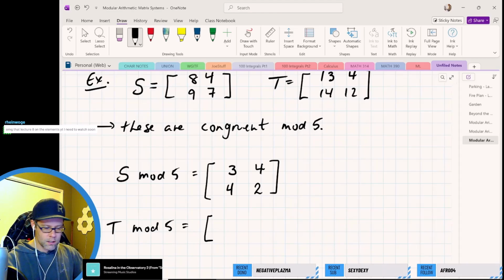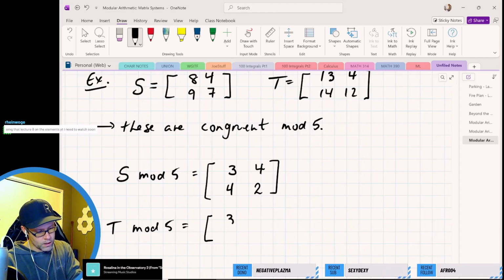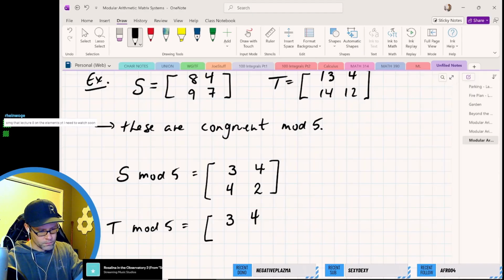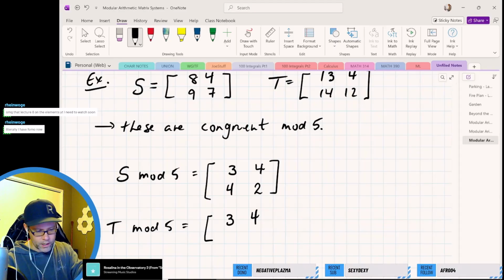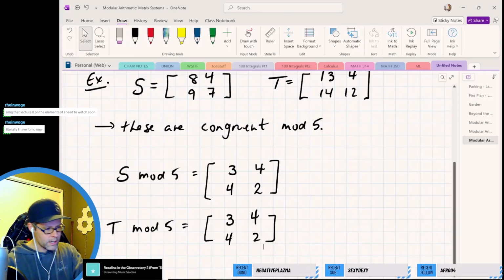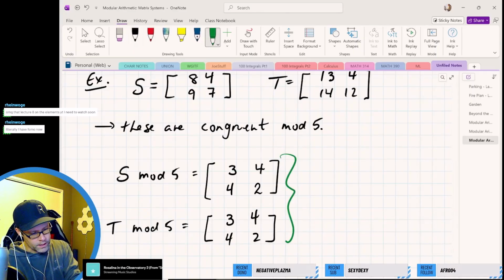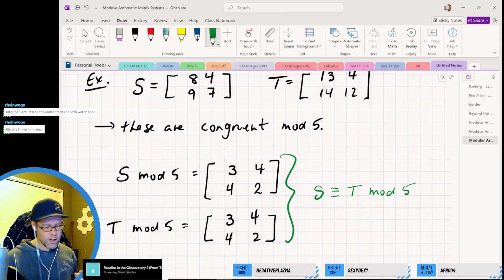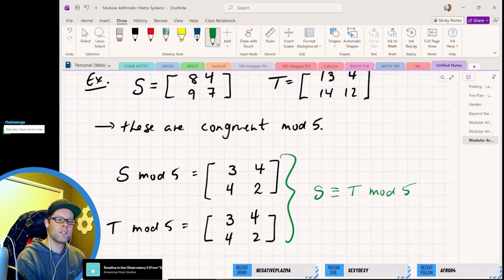For 13, 10 goes into there, leaving a remainder of 3. The 4 stays the same. For the 14 and the 12, I can remove 10 from each to get remainder 4 and remainder 2. So these two matrices are indeed equivalent mod 5. S is congruent to T mod 5 because all of their remainders upon division by 5 are the same.